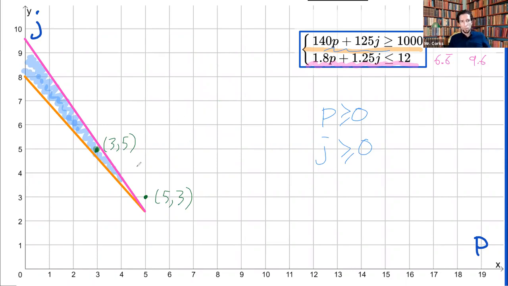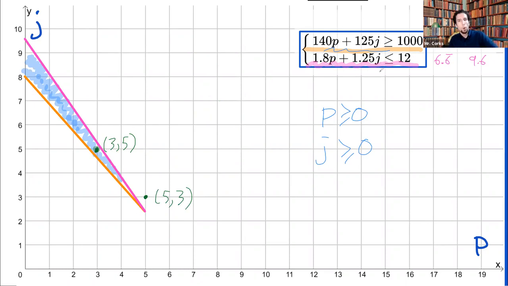We say 5. Okay. Tell me the coordinates of them that you're seeing. P is 5 and J is 2.4 maybe.